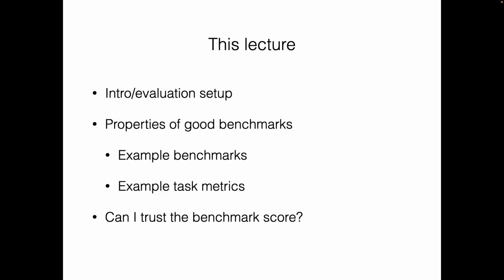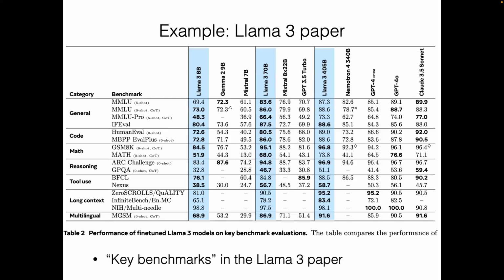Okay, so for the first part on benchmarks, let's look at some actual examples. So this is from the Llama 3 paper. Maybe it's already a bit outdated, but the reason I put this here is to just show you, this is for a model that's supposed to be general purpose. And the idea is they're evaluating it on this portfolio of different benchmarks.